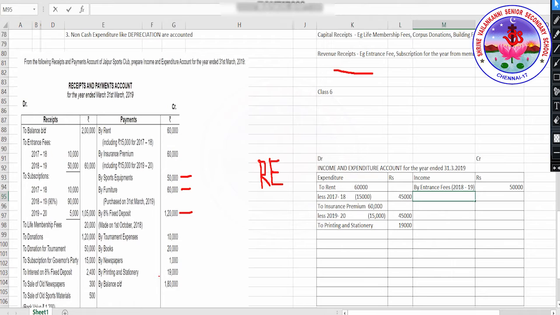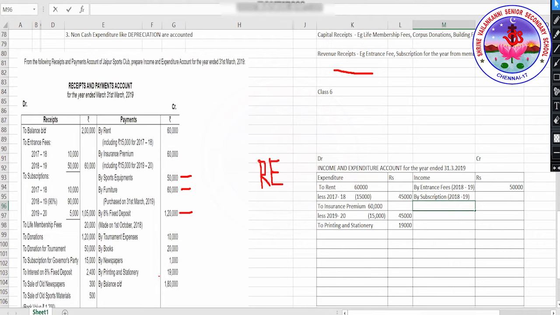And by subscription. Write the spelling right. Subscription meant for the current year 2018 to 19. Ninety percent is 90,000.